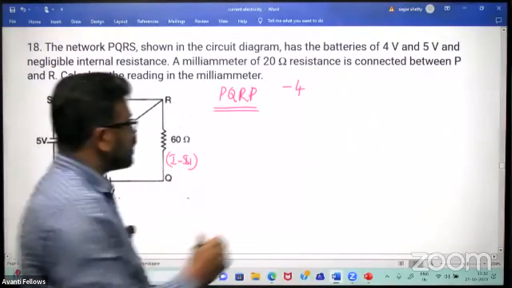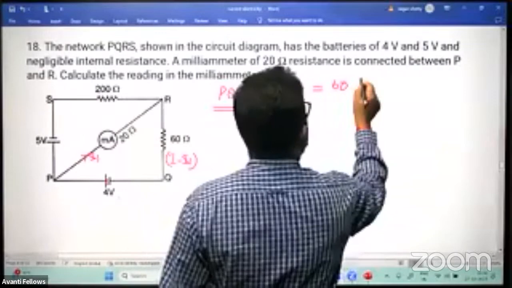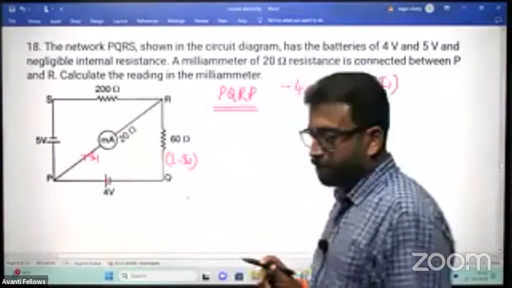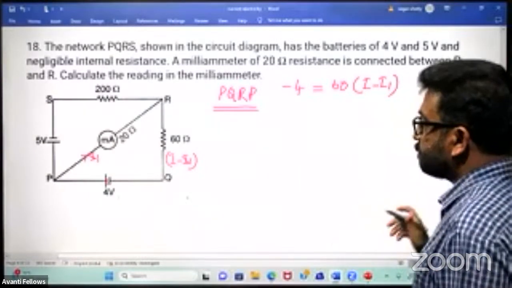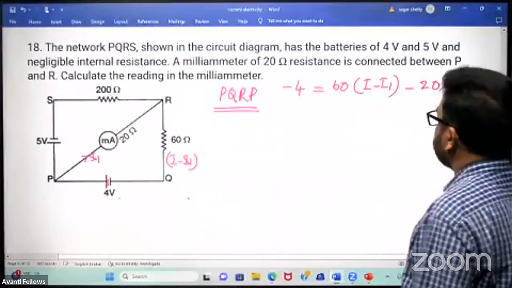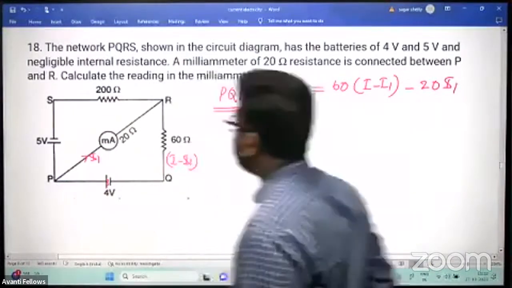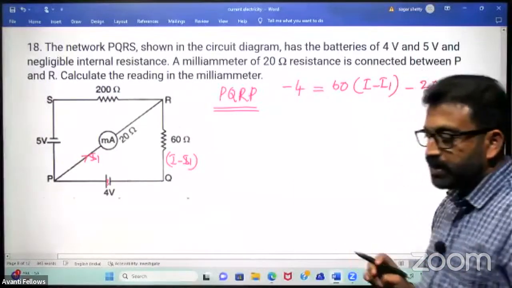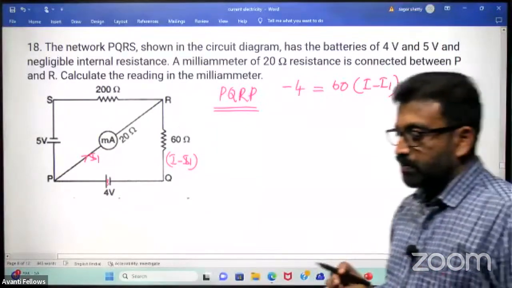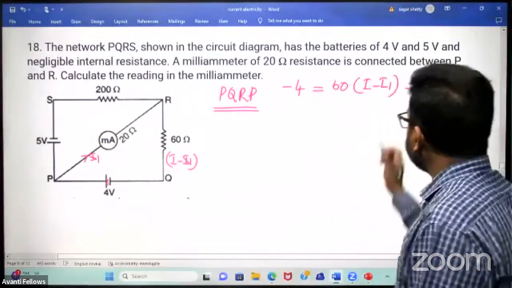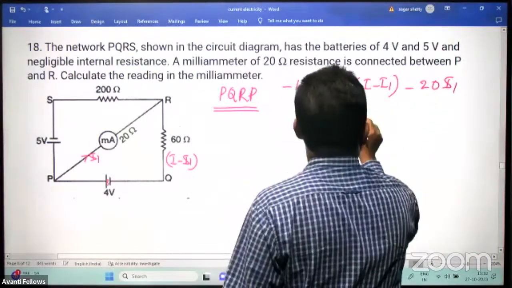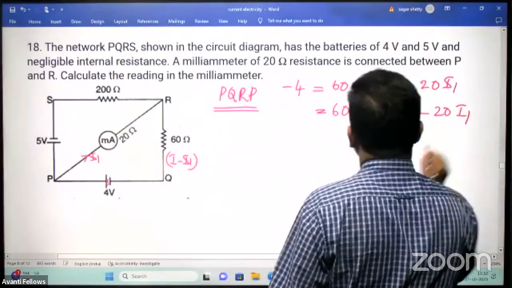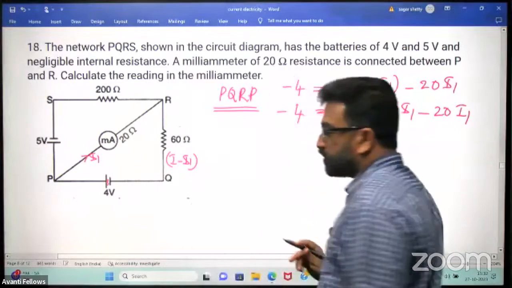So for loop PQRP, -4 will be equal to 60 into (I minus I1) minus 20 I1. When we open this, we get 60I minus 60 I1 minus 20 I1 equals -4.